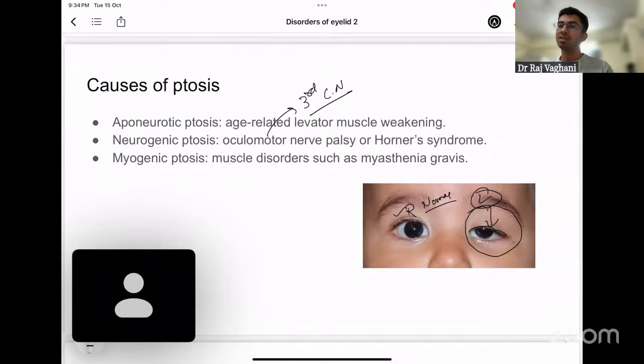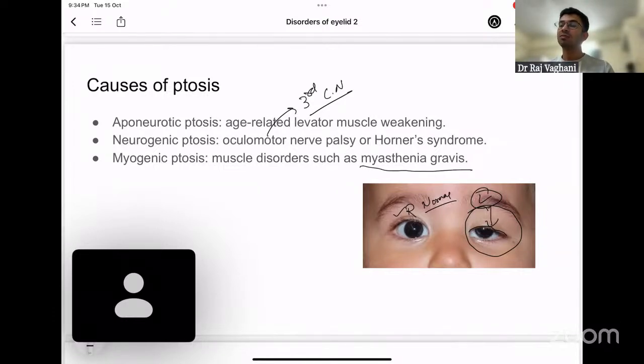In myasthenia gravis, the acetylcholine receptors are attacked and the postsynaptic receptors become overstimulated, so the muscles are excessively stimulated, and after some time they become weak and very fatigued.